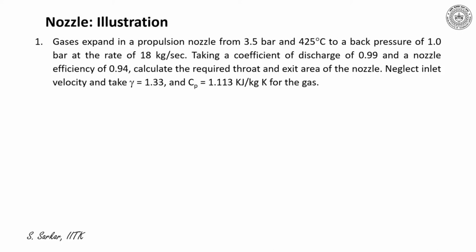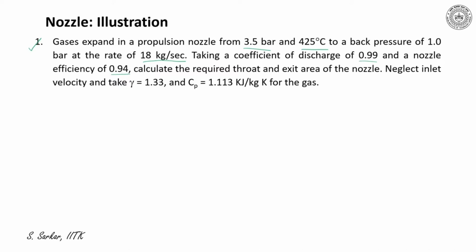The statement of the problem is: the gases expand in a propulsion nozzle from 3.5 bar and 425 degrees Celsius to a back pressure of 1 bar at the rate of 18 kg per second, taking the coefficient of discharge of 0.99 and a nozzle efficiency of 0.94.